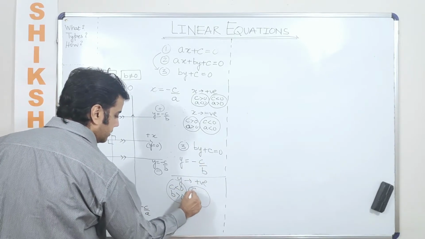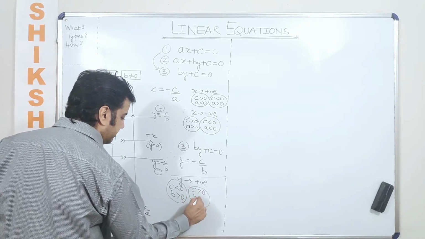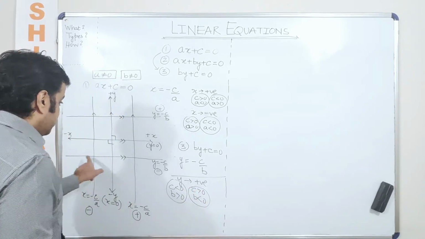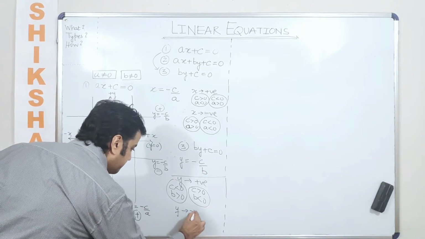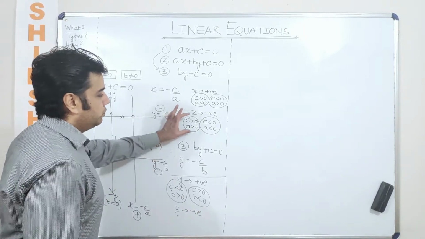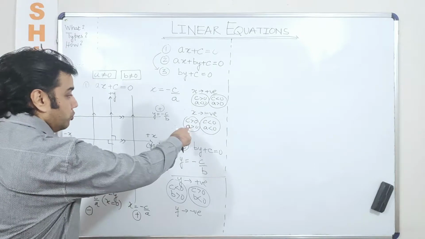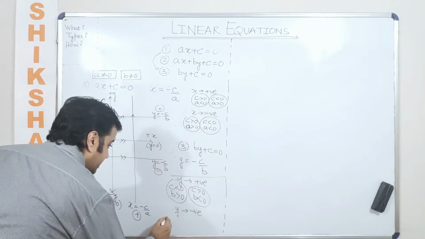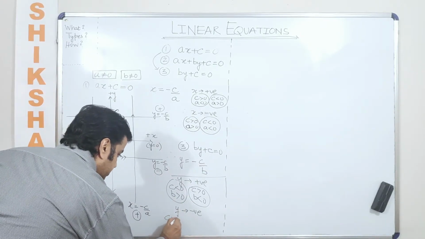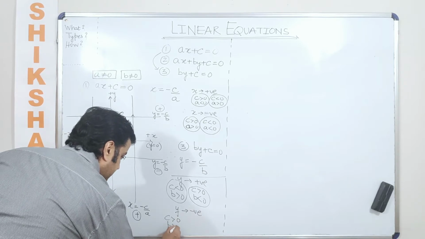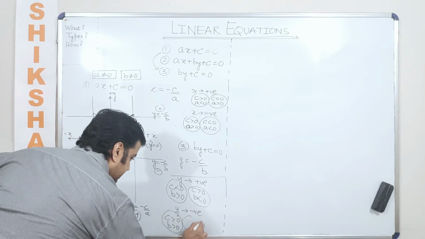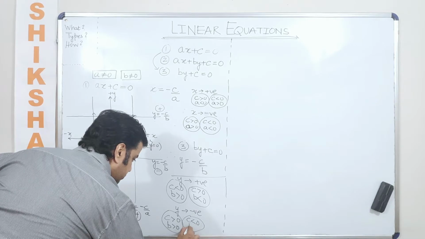So if c is positive, b has to be negative. And if y has to be negative, in that case both of them have to have the same sign, which is just like saying c is positive, b is positive, along with c is negative, so is b.